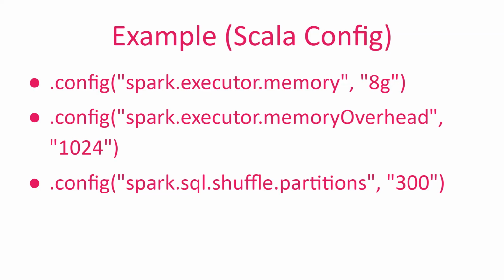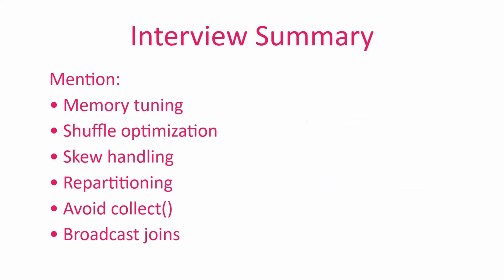So these are a few examples. When the interviewer asks, have you encountered out of memory error in Spark? How do you fix it? Say, yes, I have encountered Spark out of memory errors, especially during large shuffle and skewed workloads.